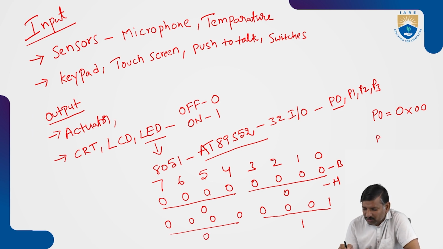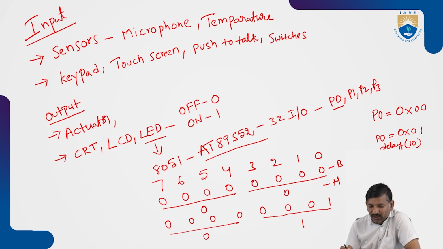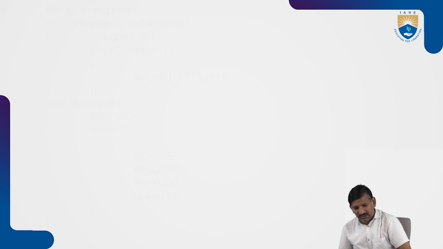Means I am giving port 0 equal to 0x01. Again, I want to give some delay, that is a delay of some 10 milliseconds. Again, I want to switch on this LED, and again I am giving port 0 equal to 0 to switch it off, and again giving delay. This loop will be repeated a number of times. That will be discussed here.